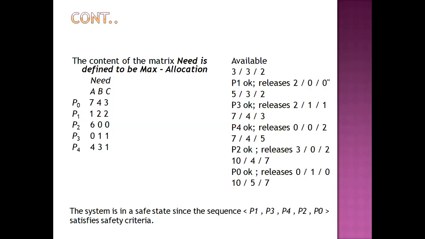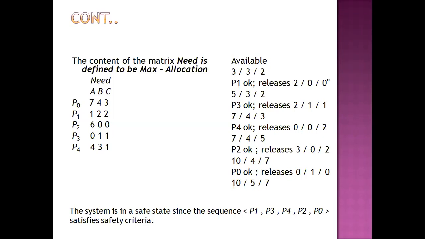So it will skip the P0 process and we will move on to the P1 process. Now let's check the current scenario for the P1 process. P1 needs 1 instance of resource A, 2 instances of resource B, and 2 instances of resource C. Now we check if it is available or not. Yes, it is available: 3 instances of A, 3 instances of B, and 2 instances of C are available.